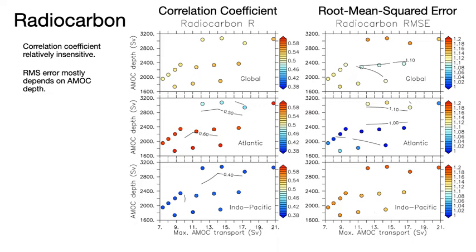Now for radiocarbon, the results are shown here again. On the left, the correlation coefficient, and on the right, the root mean squared error. Again, you can see very horizontal isolines indicating not much sensitivity with respect to AMOC strength, but sensitivity to AMOC depth, similar to the C13 data.